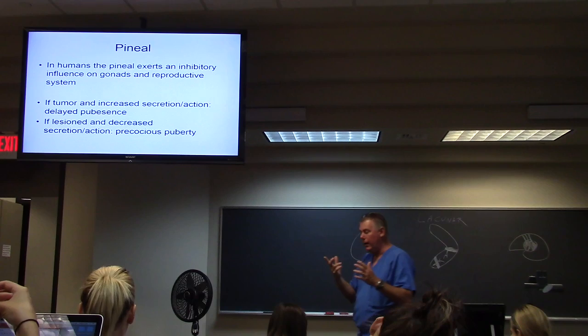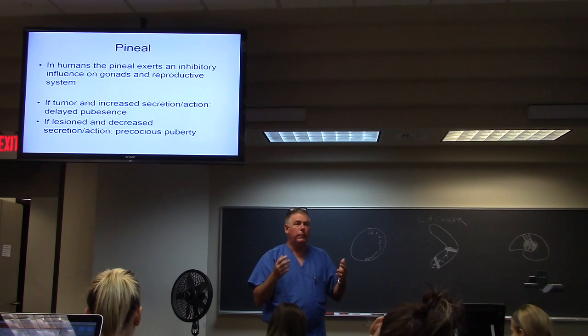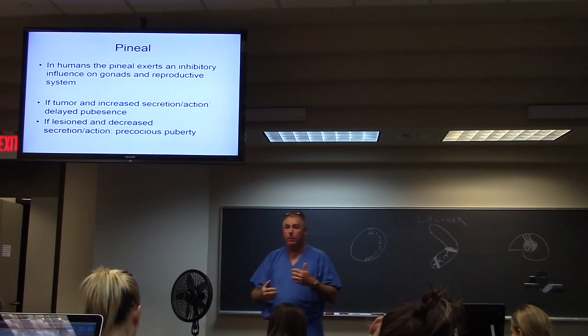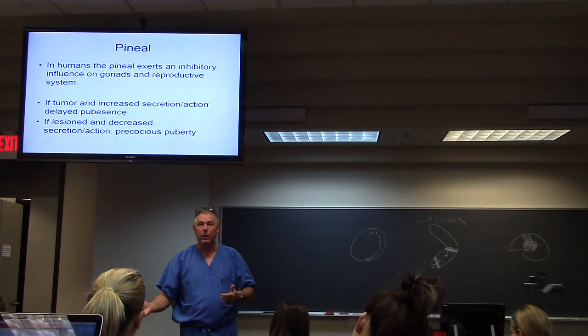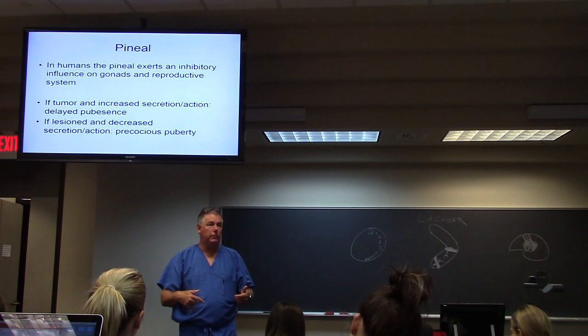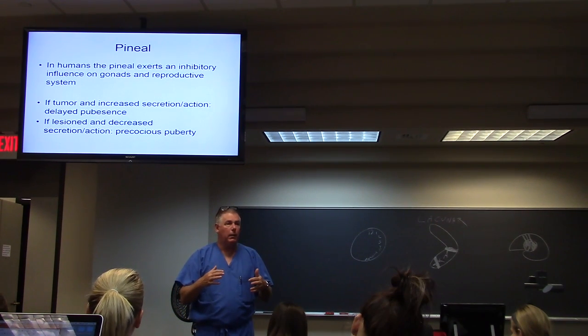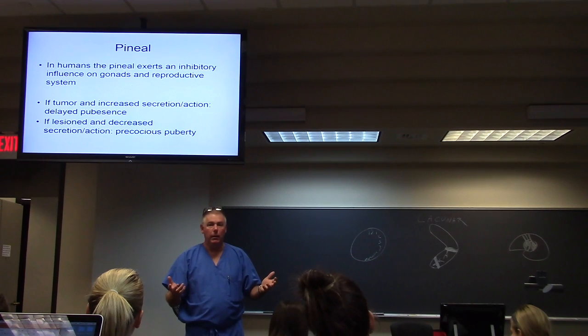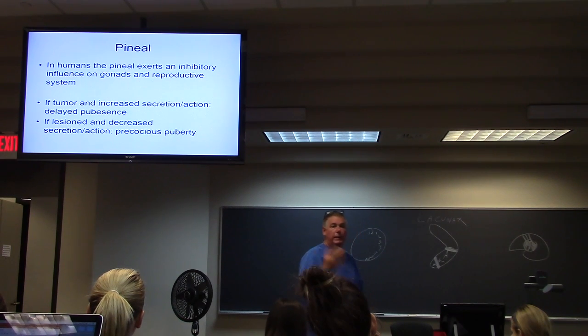So if you think of something like a deer or an antelope or lion, reproduction, you want to have your babies when the climate is best for them to survive. You don't want to be having babies in the middle of the winter. You want to get pregnant in the middle of the winter, so you can have babies in the spring and summer. So the pineal gland in lower animals helps regulate ovulation. That's putting it very simplistically, but that's one of the factors that regulates ovulation, based on the daylight cycle.